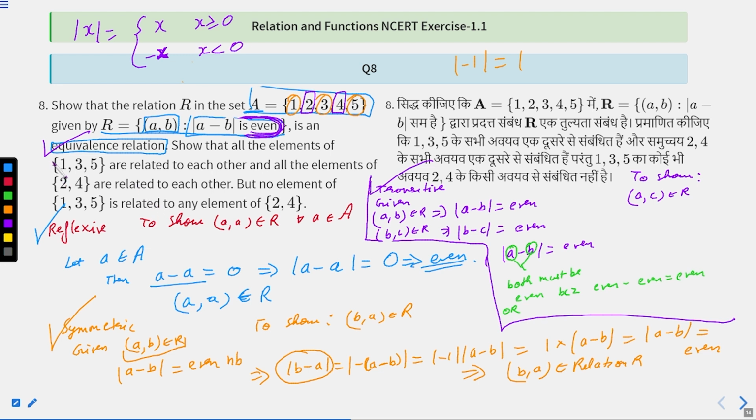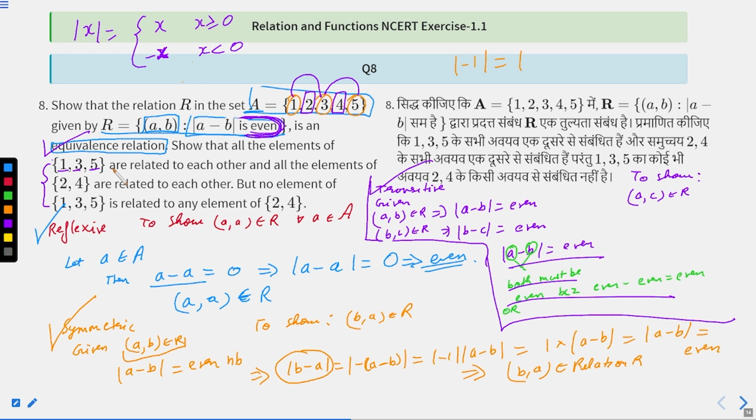And this part I leave to you, that you can easily solve. Here it is quite easy: 1, 3 and 5 are related to each other, as I already showed that the odd numbers will link to each other because of these conditions as I have written down.